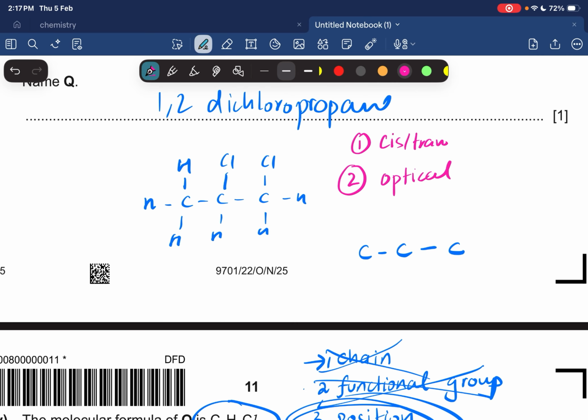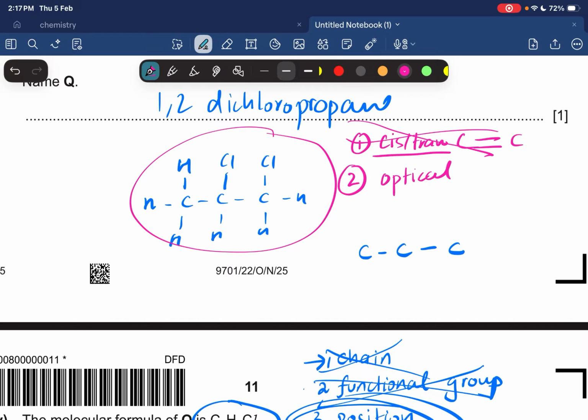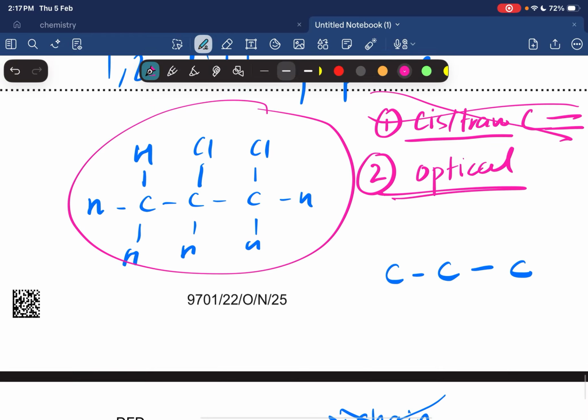Cis-trans only comes when you have a carbon-carbon double bond, because you need restricted rotation around the double bond. We don't have any double bond in this molecule. The only isomerism possible here is optical, and for optical you need a chiral carbon.